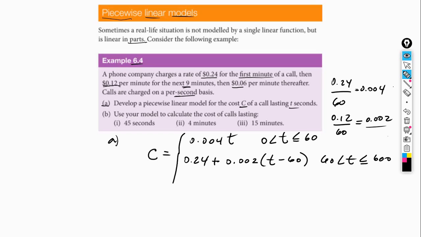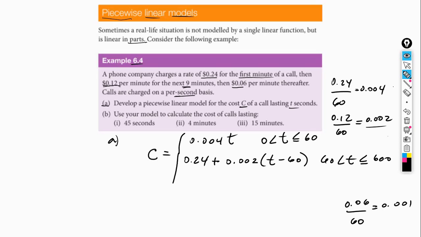Okay, so for the next one, we have to also take into account the rate. Now it's going to be 0.06 per minute. So we have to go 0.06 divided by 60, and this is going to give us 0.001. So this is the cost per second. Now, like we did in the previous one, we have to take into account the accumulated cost, and that's going to be for t equals 600.